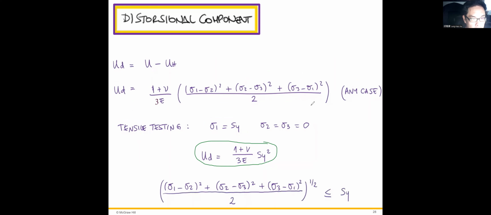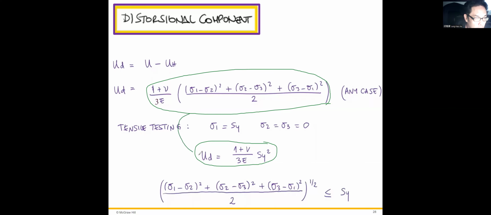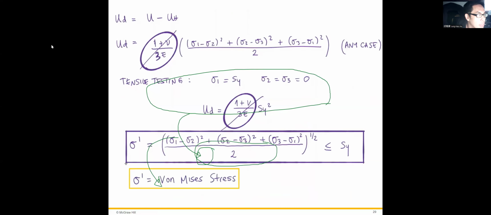And then we just substitute this term to replace the distortional energy here. So we say this is the distortion energy method. Let's keep going.